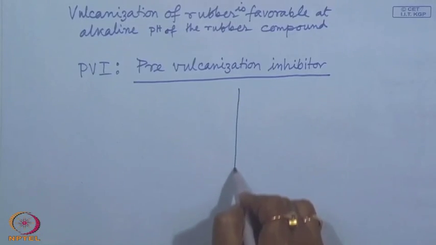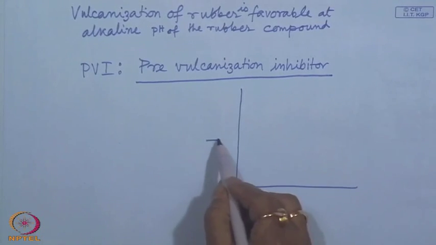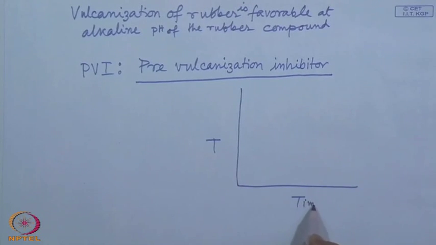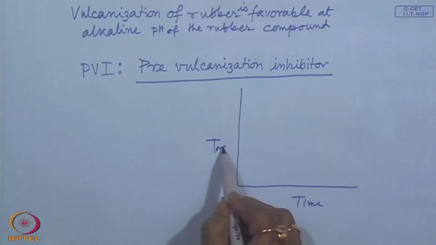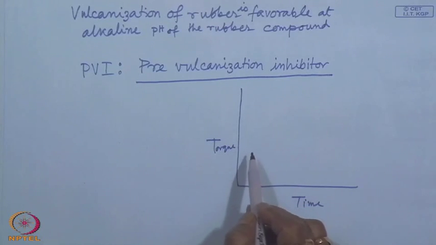Now, in order to increase the productivity of a rubber product, sometimes high speed, fast accelerators are used. Those fast accelerators produce a cure profile, a torque-time profile, like this, very fast.